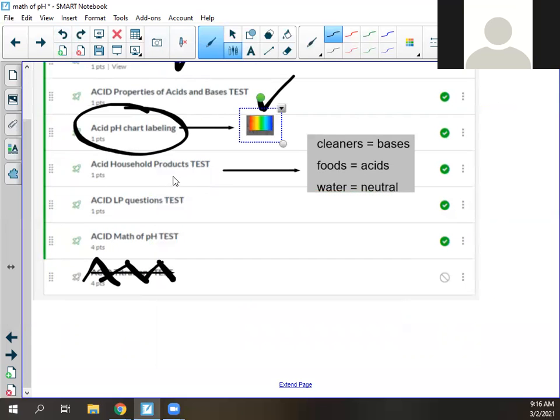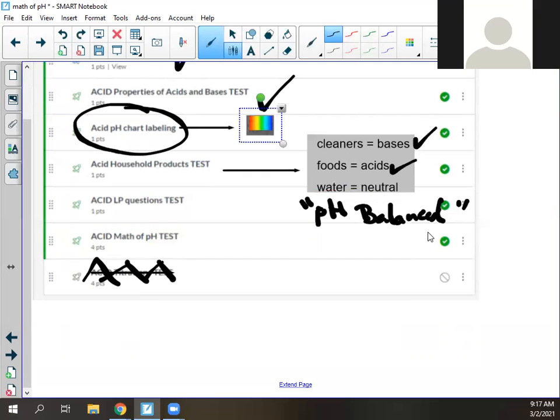Then household properties. If it's a cleaner, it's a base. If it's a food, it's an acid. If it's water or pH balanced, then it's neutral. Did I talk about that yesterday? Your shampoo is definitely a cleaner, right?